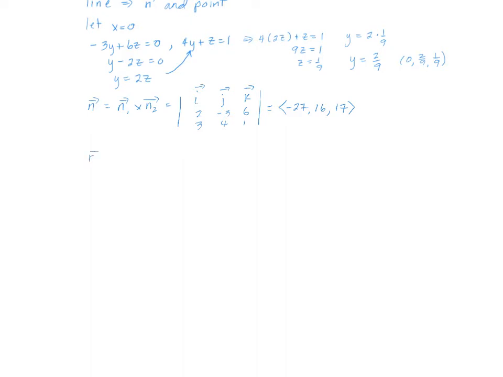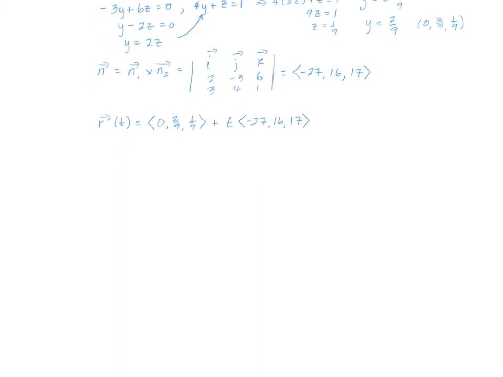Which means the equation of my line is going to be my point (0, 2/9, 1/9) plus t times <-27, 16, 17>. You could leave it in that form, or you can go ahead and combine this.